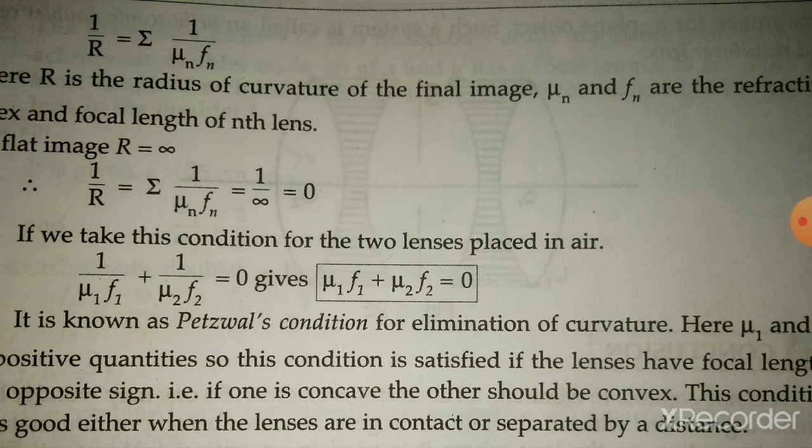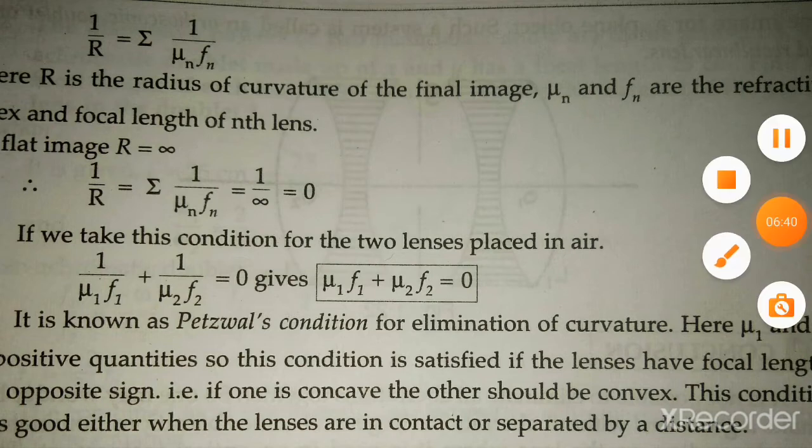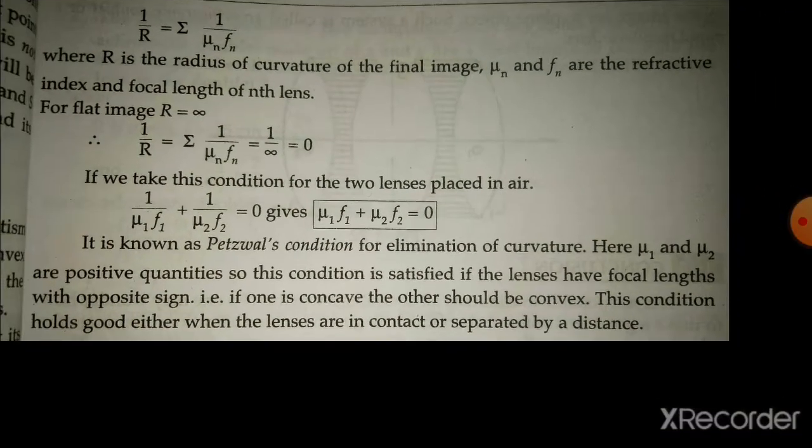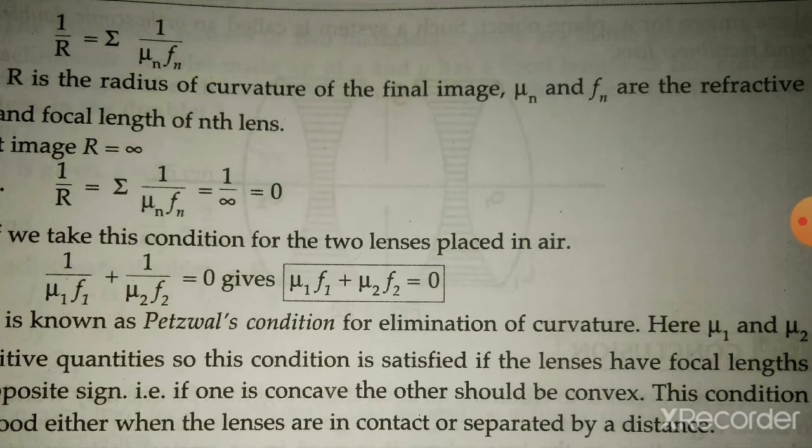This is known as Pijewal's condition for elimination of curvature. Which condition? This condition is nothing but Pijewal's condition for elimination of curvature. Here mu 1 and mu 2 are the radii of curvature and f1 and f2 are the focal lengths of the two lenses.